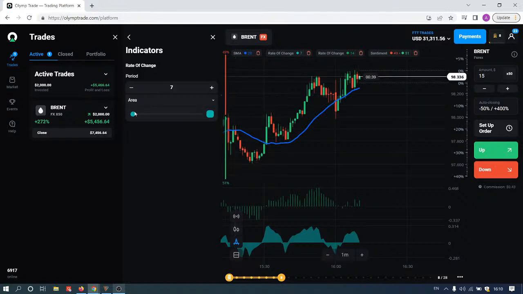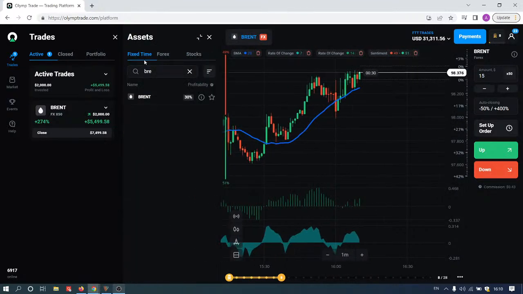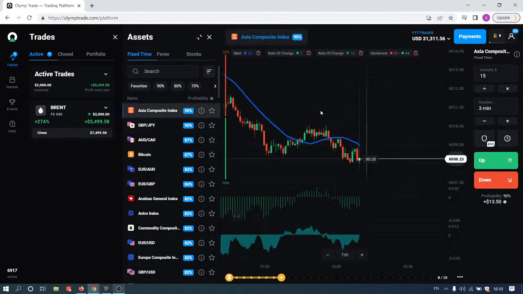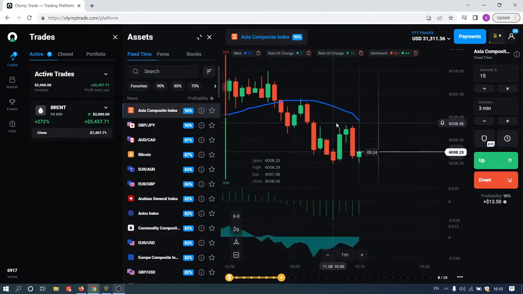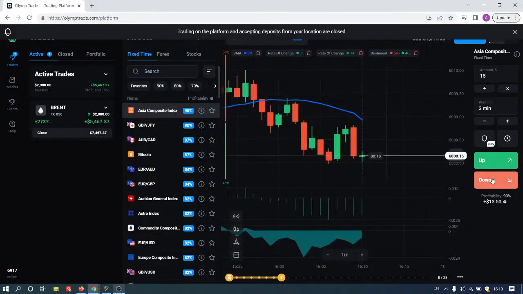So basically we have three different indicators, and like in all our previous strategies, we have the same principle of layers of confirmation. We should have three layers of confirmation before opening a trade. Let me explain how this all works. For example, this Asia Composite Index is a perfect signal.